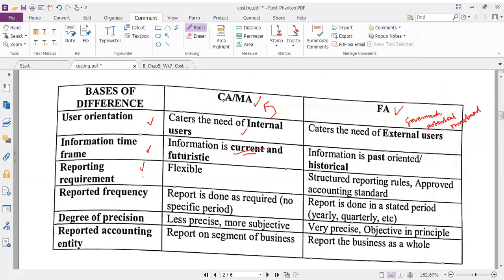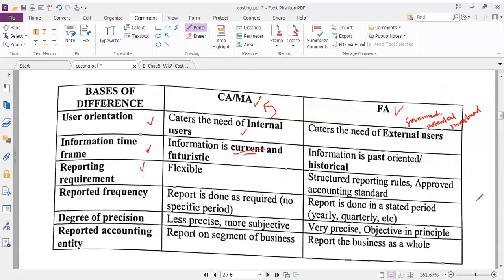That is information used in cost accounting. But for financial accounting, they use the information that already passed, or past oriented, or historical.